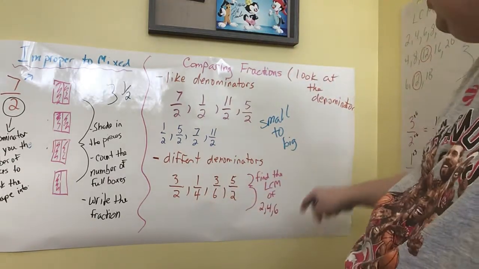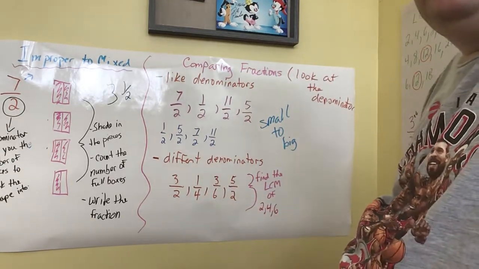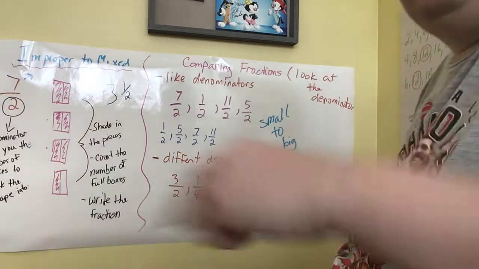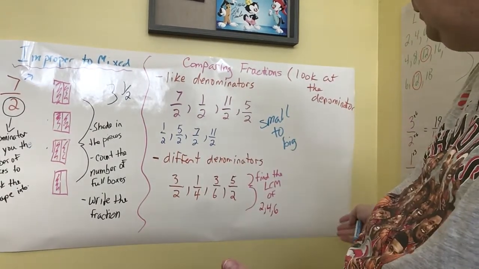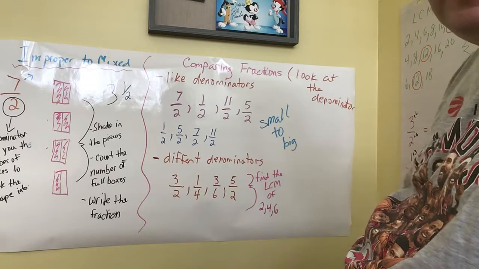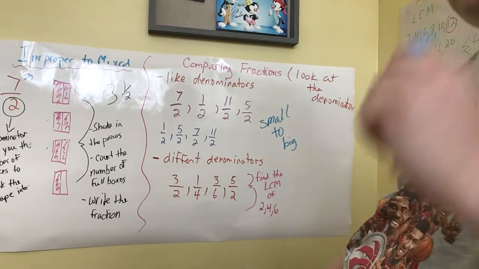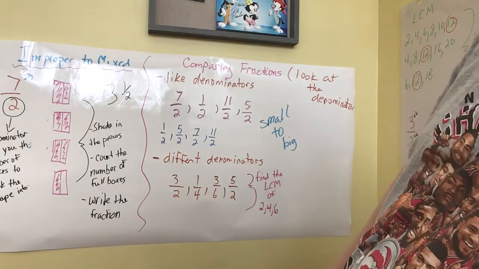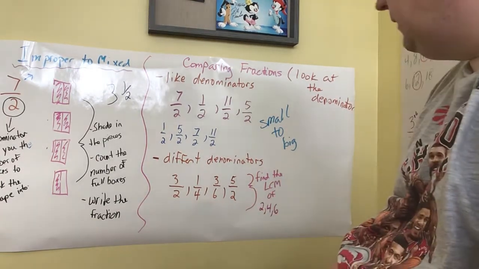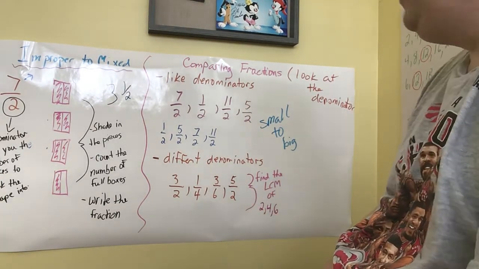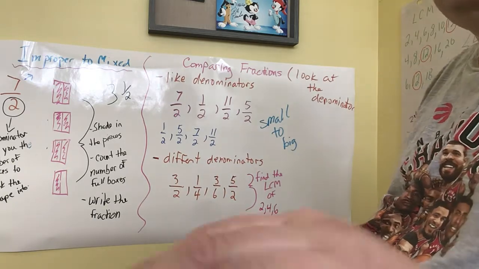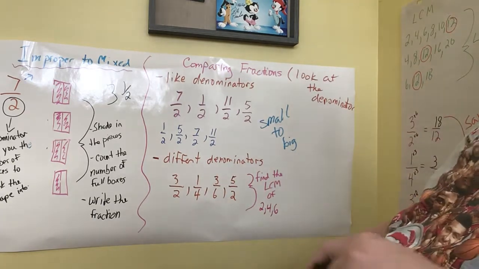All right? So guess what you have to do? You have to find the lowest common multiple of 2, 4, and 6. And for those of you that didn't do lowest common multiple, when we did it, this is going to become very hard. And unfortunately, with math, a lot of things, you build your skills as we go.